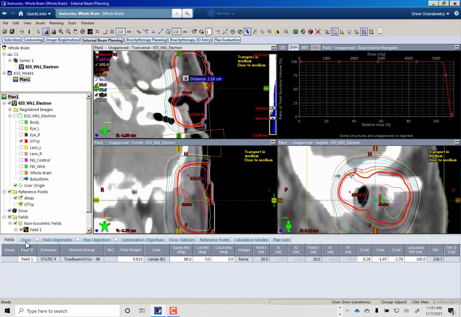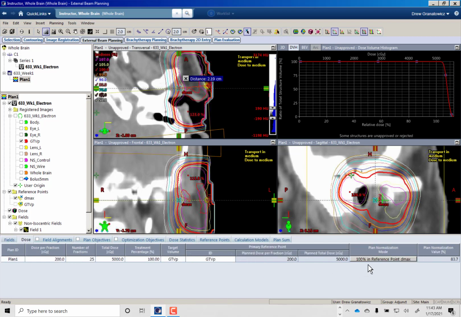Okay, but you've got to remember, now we're normalizing 100% to that reference point, so we're not normalized to the 90% isodose line, right? So to normalize to our 90% isodose line after doing that, then we would have to use this right here. But again, you can see that by doing that, it makes our plan extremely hot.